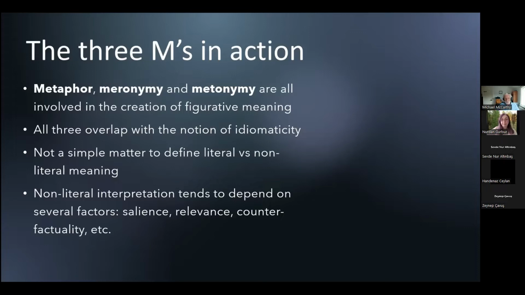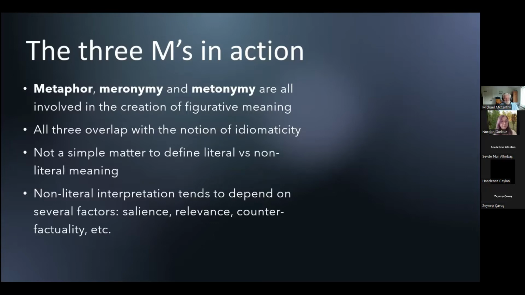I have to start to think of the train as moving like a snake along the railway tracks. Of course, another factor is counterfactuality, something that is literally impossible. So again, a train is not a snake, and even if it looks like a snake, to call it a snake is to, if you like, break the truth, to tell a lie.